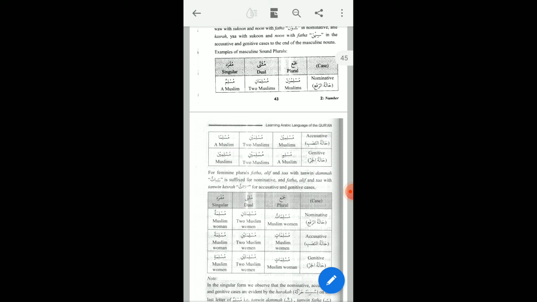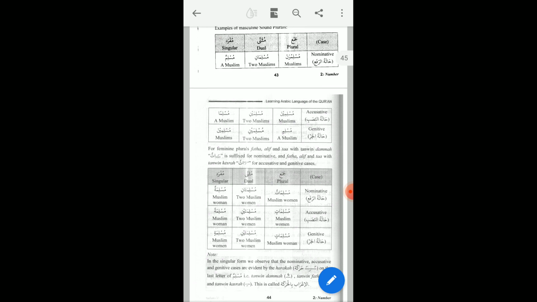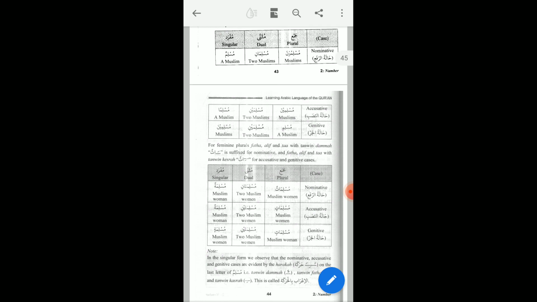Do remember this. Ina approaches kasra, isn't it? Now Muslimin, Muslimaini, Muslimina. The plural in the genitive and accusative case remains the same.